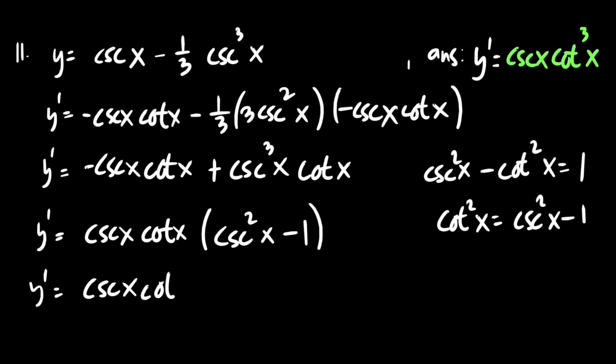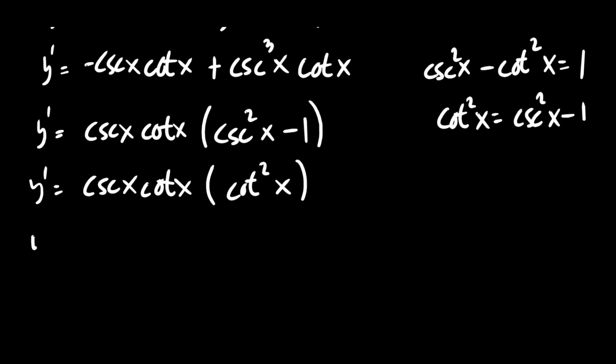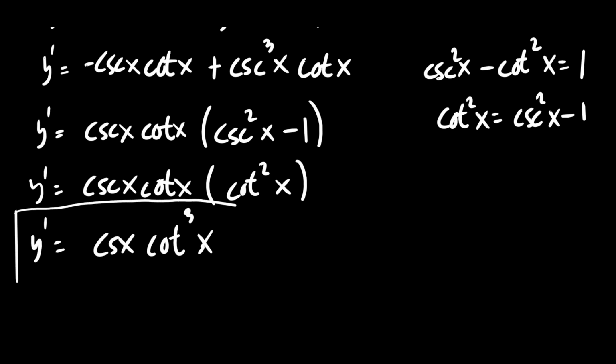Cosecant x cotangent x, so we have cotangent squared x. By simplifying, we have cosecant x cotangent cubed x. So this is now our final answer.